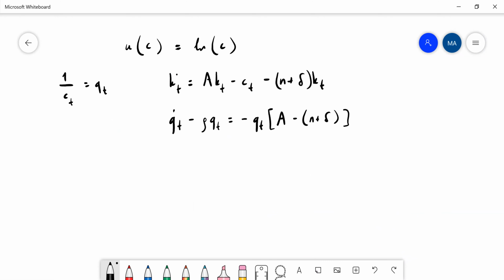Well, if you do the math here, as we always do, so I have this. So then I have minus A minus N plus delta minus rho, right?